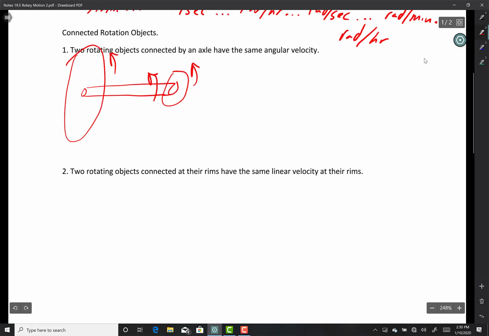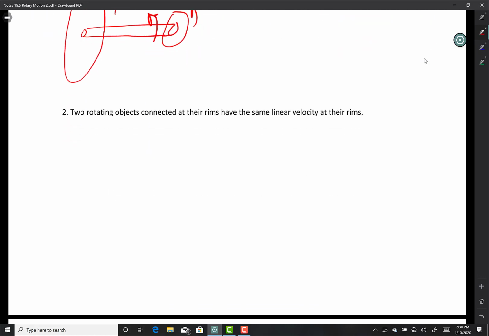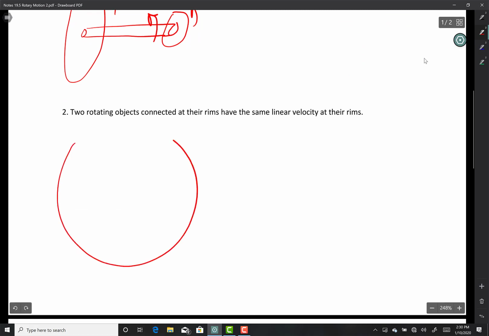All right, this one. Two objects connected at their rims have the same linear velocity at their rims. Well, yeah, look. That happens all the time, guys, with gears. So there it is. Two circles or two gears connected. Do you guys see that little blue dot? Pretend there's gears here.